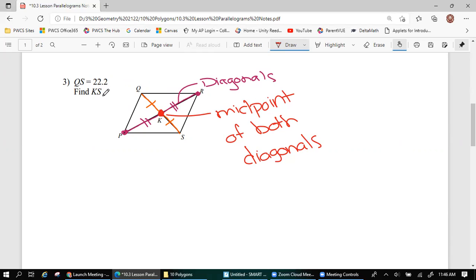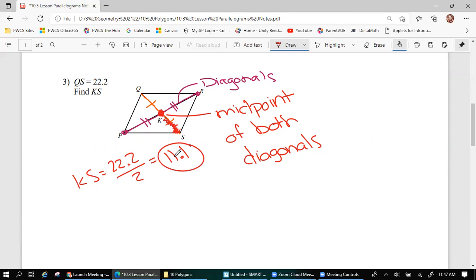In this problem, it says that QS is 22.2. So QS is the whole thing. We want to know how big is KS. If QS, this whole diagonal, is 22.2, KS is going to be half of that. So KS is 22.2 divided by 2, which is 11.1.